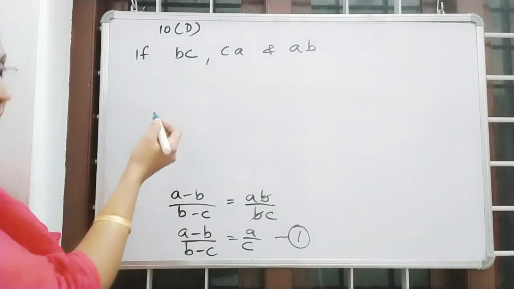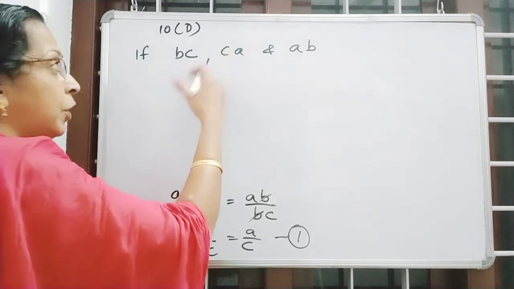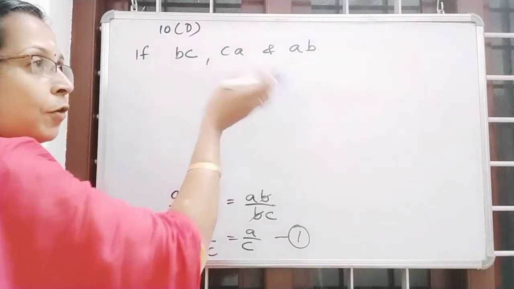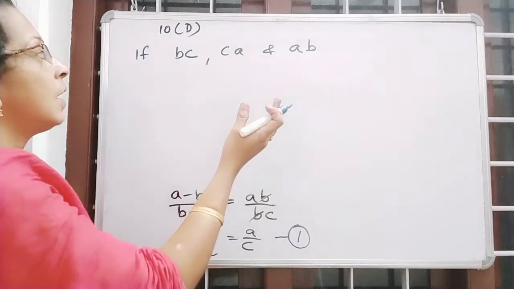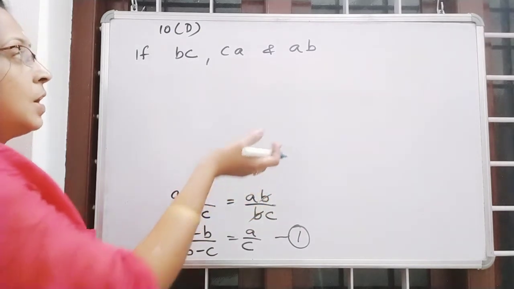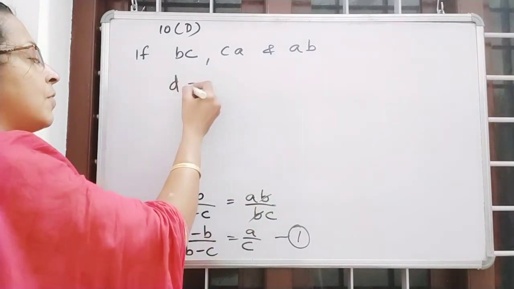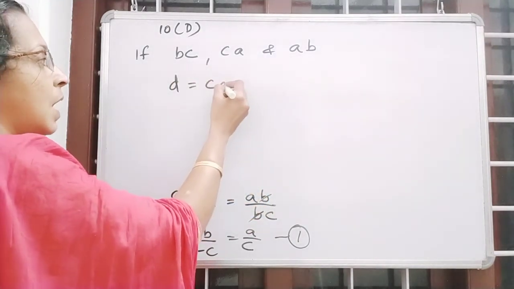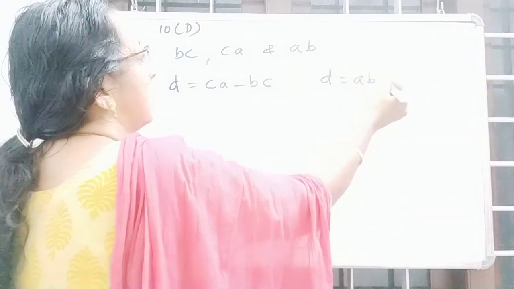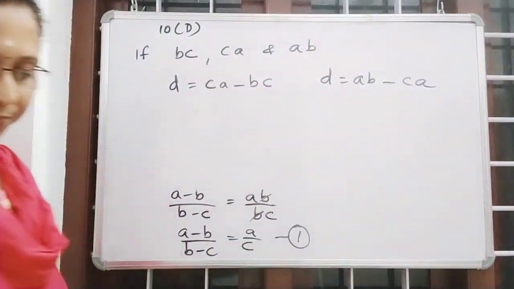So if we want to find out BC, CA and AB, just think: they are in AP, common difference will be same. So CA minus BC, and common difference will be AB minus CA.